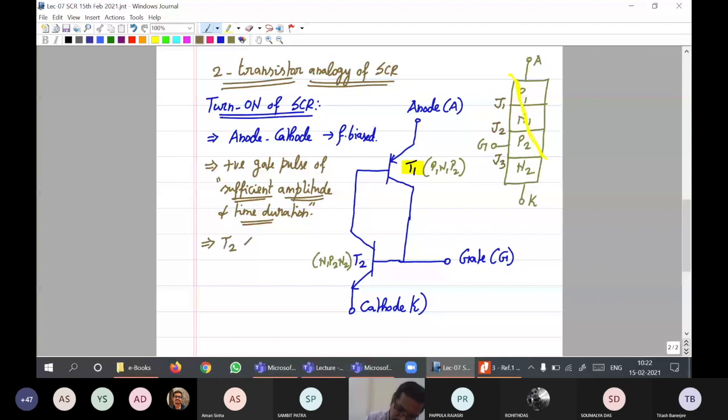What is T2? The BJT T2, or the N2 P2 transistor, starts conducting. When transistor T2 starts conducting, collector current IC2 starts to flow.